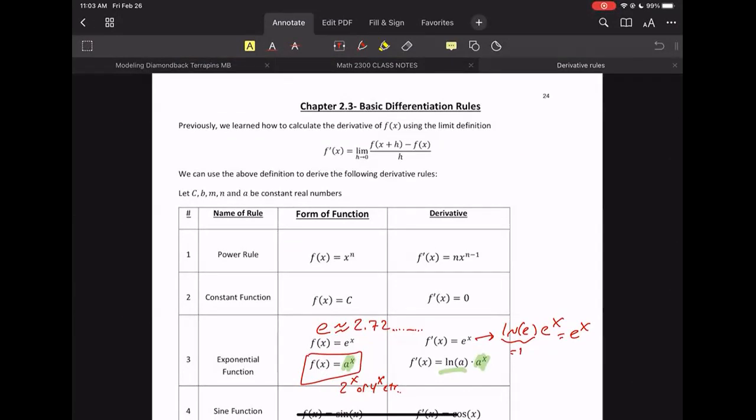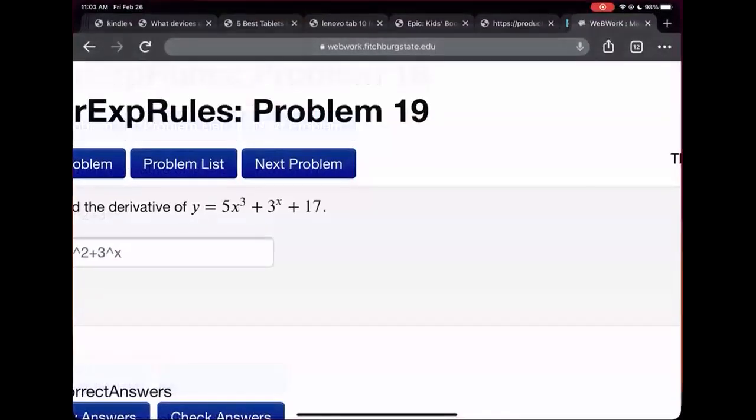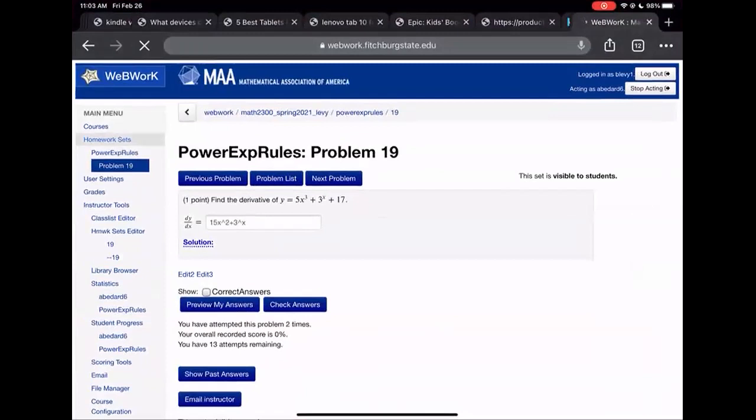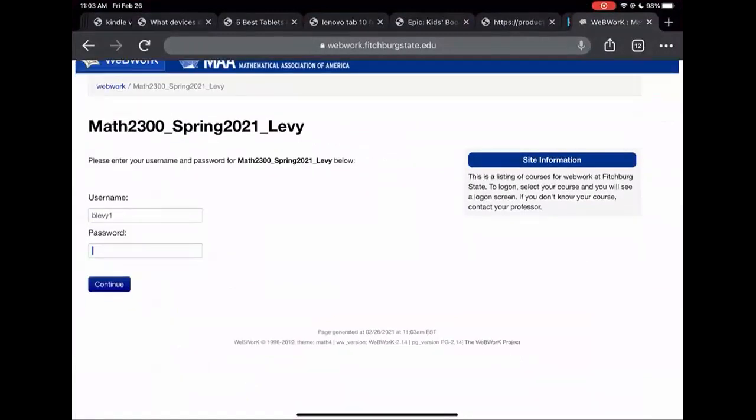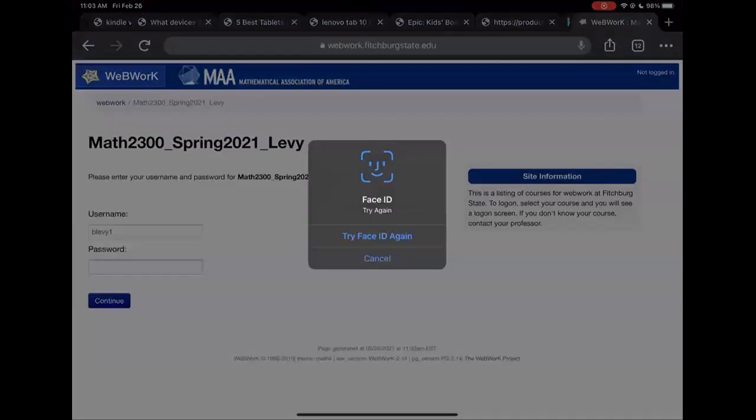I was confused on number 4 in the limit derivatives one. It was more like a table, I think. Okay, let's pull that one up. Yeah, Face ID is not going to work right now.